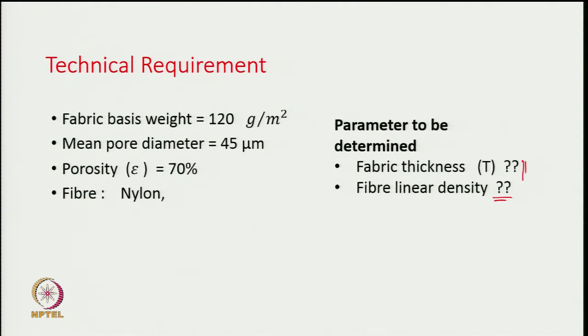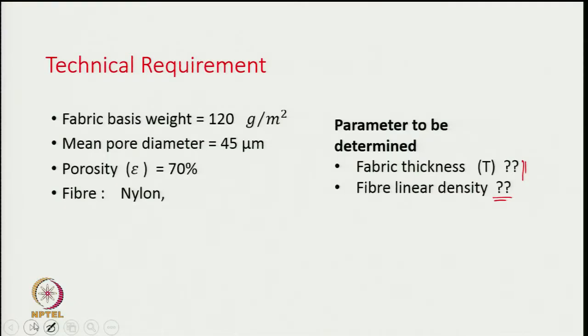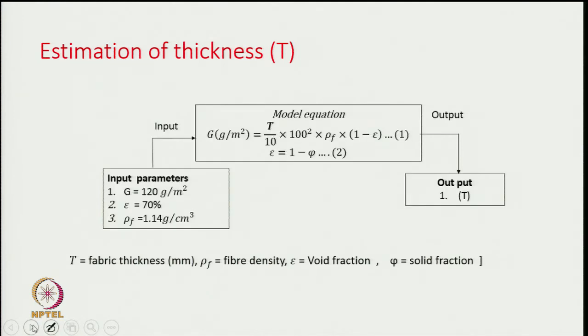So, he has to find out two important parameters, that is what should be the thickness of the fabric, so that he sets his machines to make sure that he gets that thickness, and the other important information he needs, that what should be the right fiber linear density that he should choose, so that the mean pore diameter is around 45 micrometer. So, let us go about this.